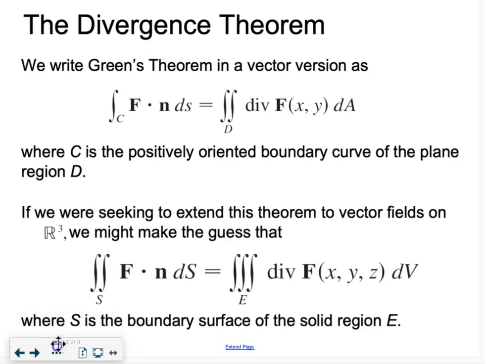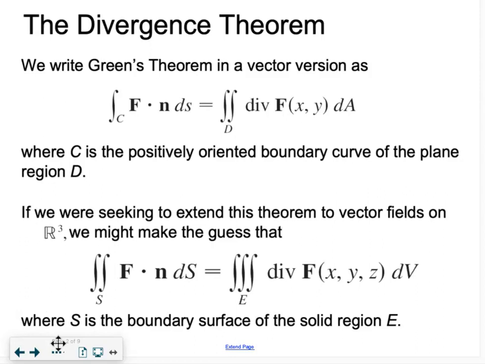If we are seeking to extend this theorem to vector fields, we might guess that in 3 dimensions, f dot n ds over the surface would be the same as the divergence over the volume, the triple integral.